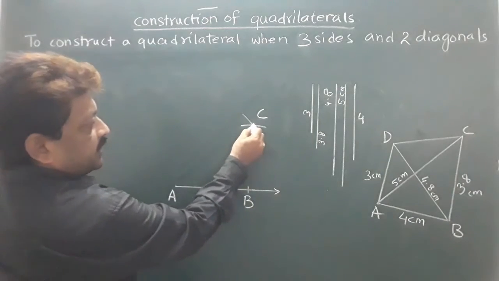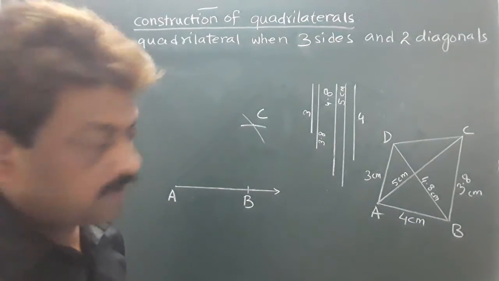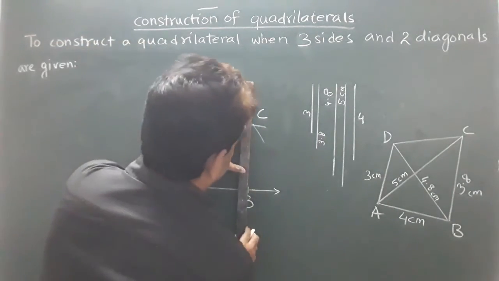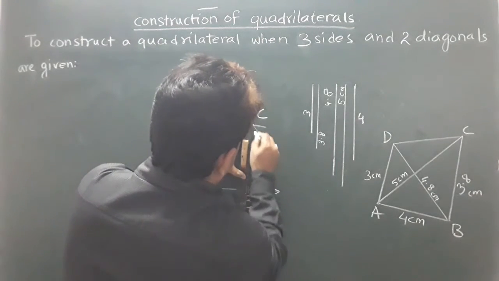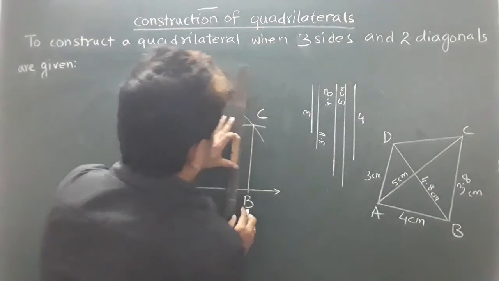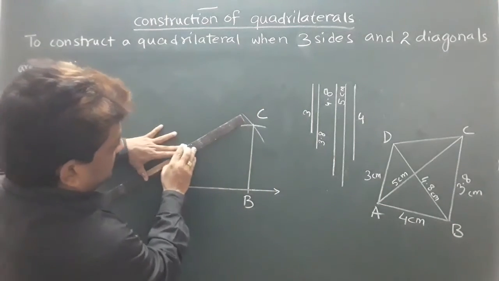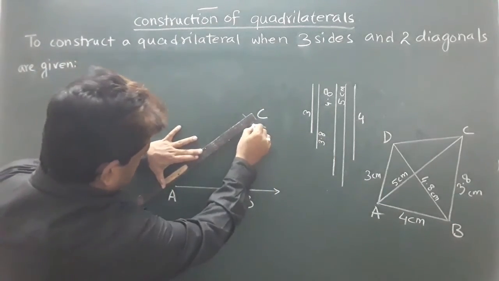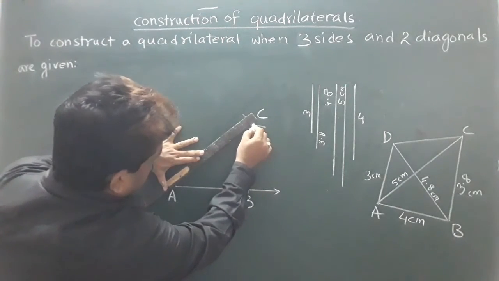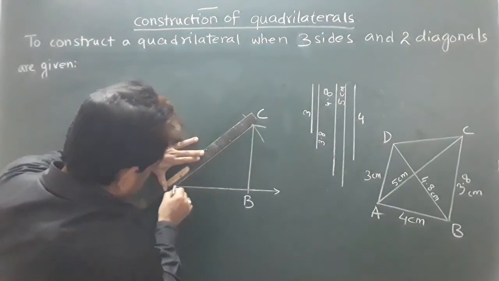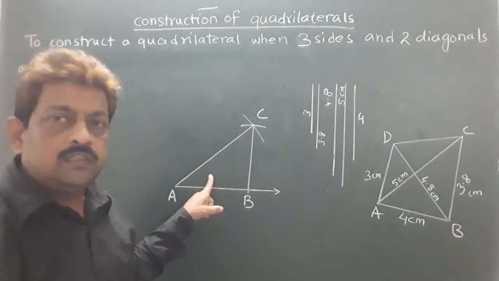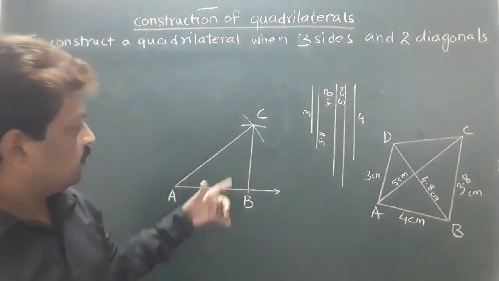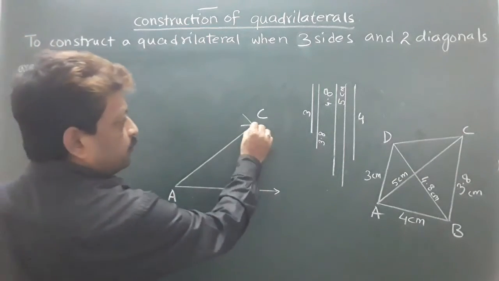Both the arcs intersect at the point C. So I have got the point C. Now join BC and also join AC. So as you can see, the triangle ABC is ready. Now we have to find the point D.